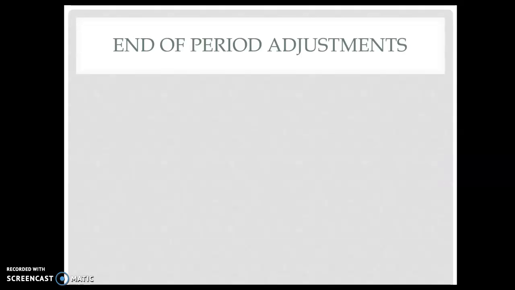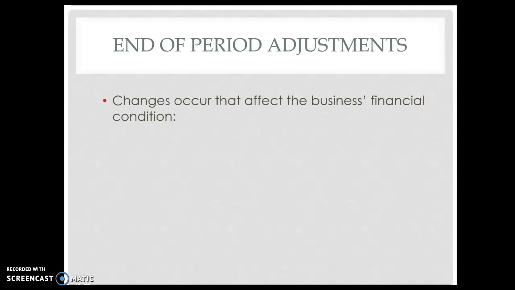Okay, so we need to make some adjustments at the end of a period. There are changes that occurred to the business during the accounting period, which may be a month or a fiscal year, but in any case, those changes occur and are not necessarily recorded.